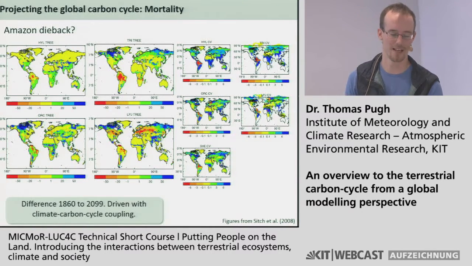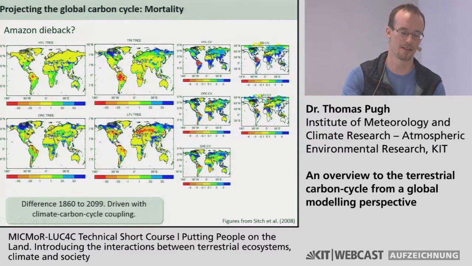But having said that, if you look at the results from this DGVM comparison, you do see that the TRIFFID model here, the dynamic vegetation model with the Hadley Centre climate model, shows this massive loss of tree cover. The other models don't show this same massive dieback, but they do show some tree cover loss.